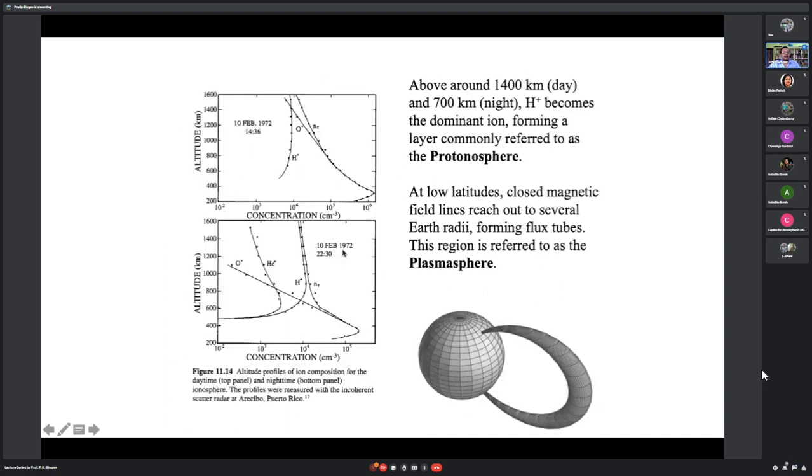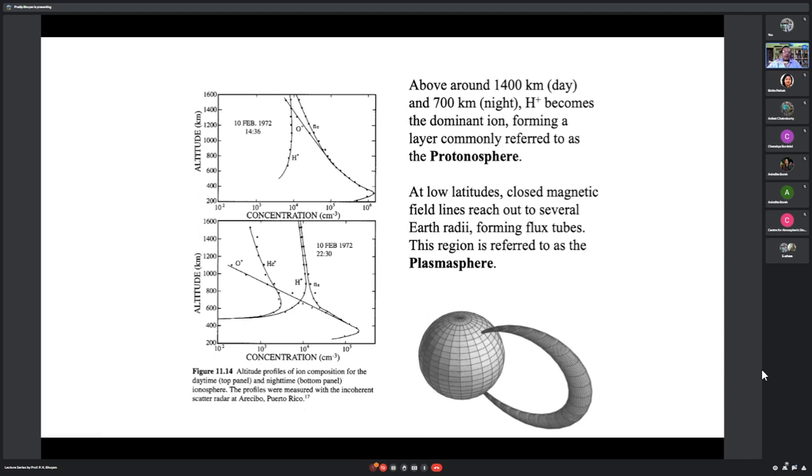So next, the concentration, as we have said, here you see O plus concentration is equal to H plus concentration here. If my pointer is visible to all of you, this is the point, or height, where O plus concentration becomes equal to H plus concentration, and this is also known as the transition height.